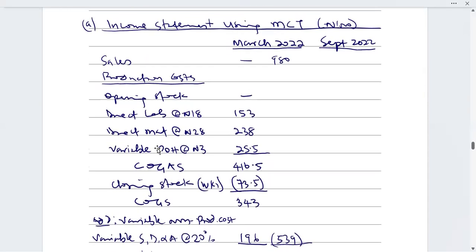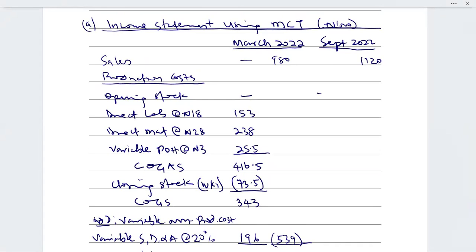In September, how many units were sold? 8,000. 8,000 multiplied by 140 gives 1,120. Then opening stock: the closing stock in March of 73.5 will become opening stock.